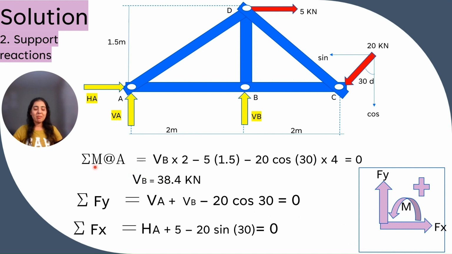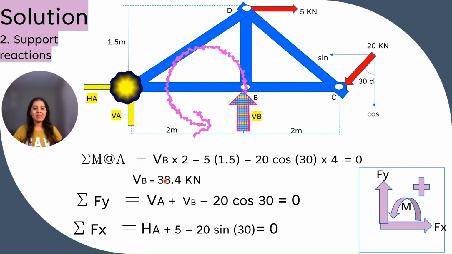So the summation of moment at A is Vb into 2 meter, and it is positive as it is an anticlockwise moment.